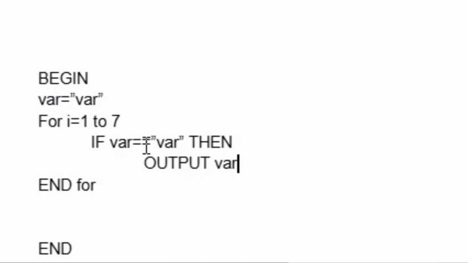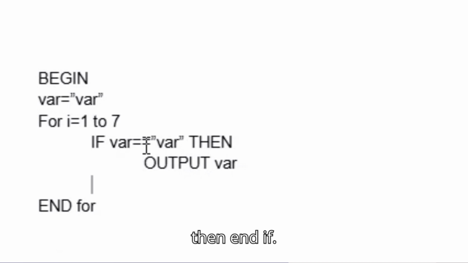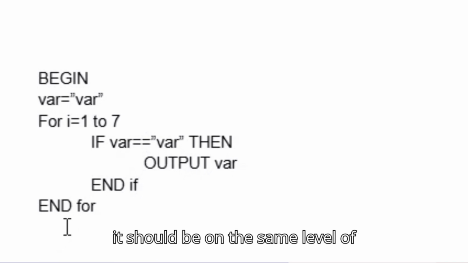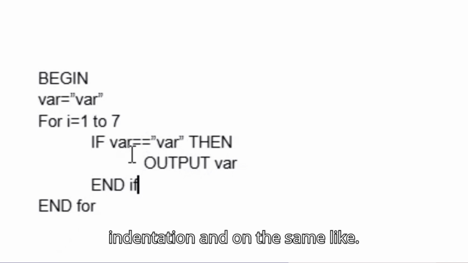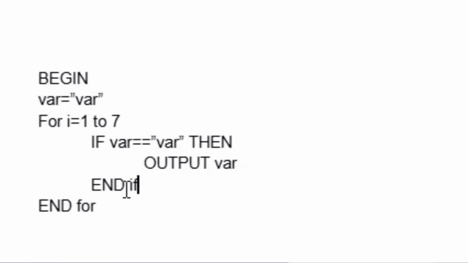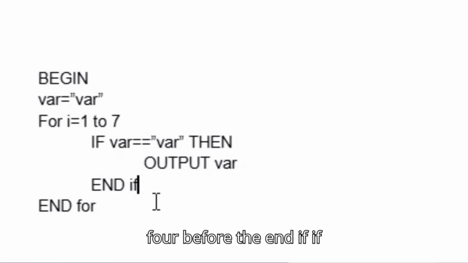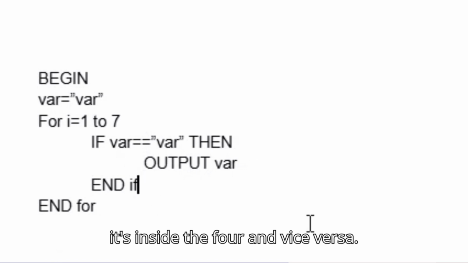Output var, and then end if. You shouldn't put it after the end for, it should be on the same level of indentation and on the same inside thing. You should not put the end for before the end if it's inside the for, and vice versa.